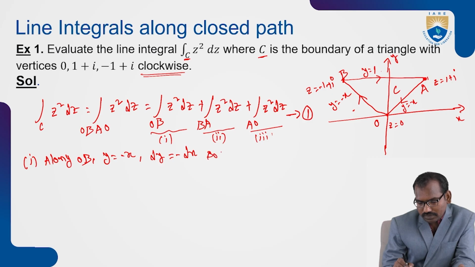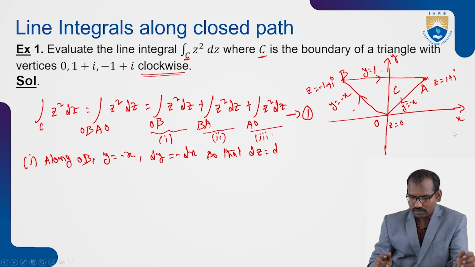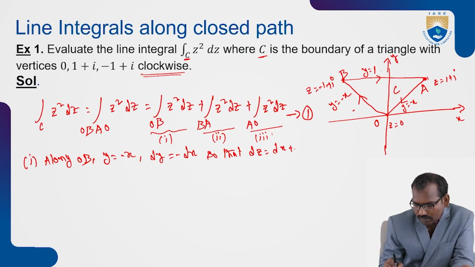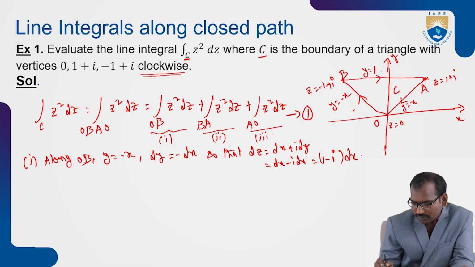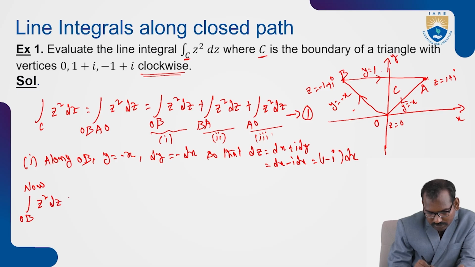What is dz? We know dz is dx plus i dy, but here dy is minus dx, so it is dx minus i dx, which is nothing but (1 minus i) times dx. Now I evaluate the required integral over OB of z square dz.